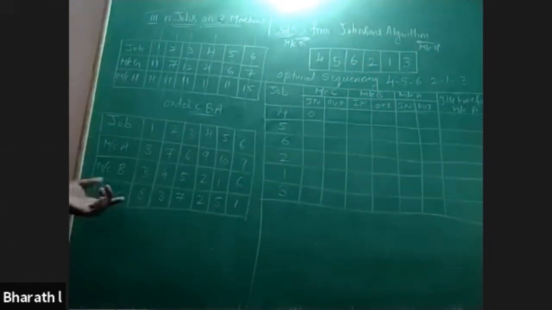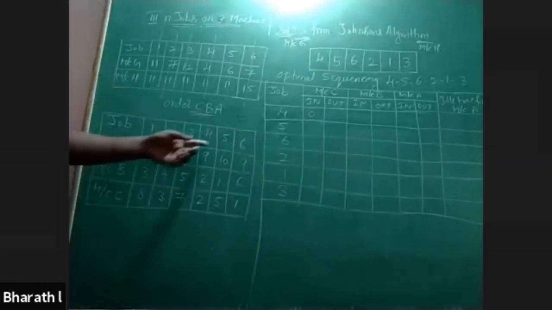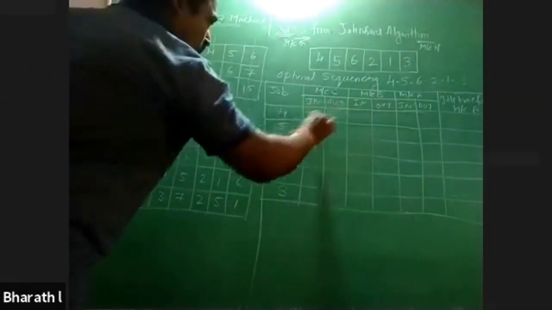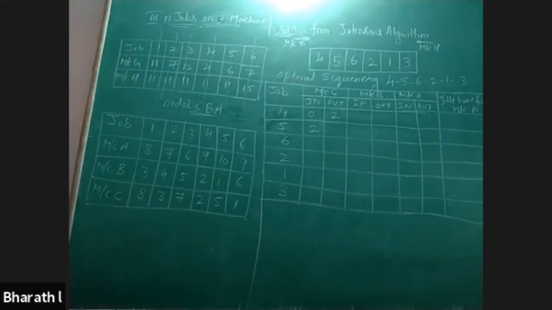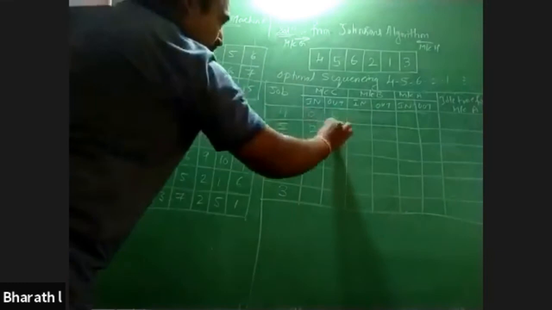For machine C, you need to look at the given data with respect to machine C. For job 4 it is 2 plus 0, you will get 2. In time is 2. Then similarly for job 5, they are given 5 minutes. 5 plus 2 will get 7.